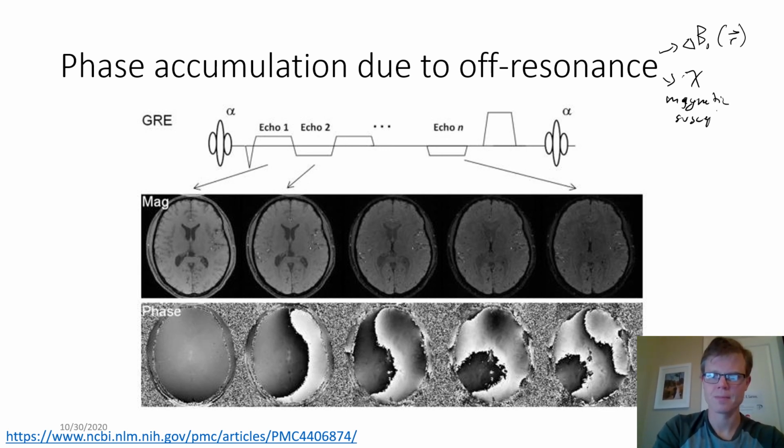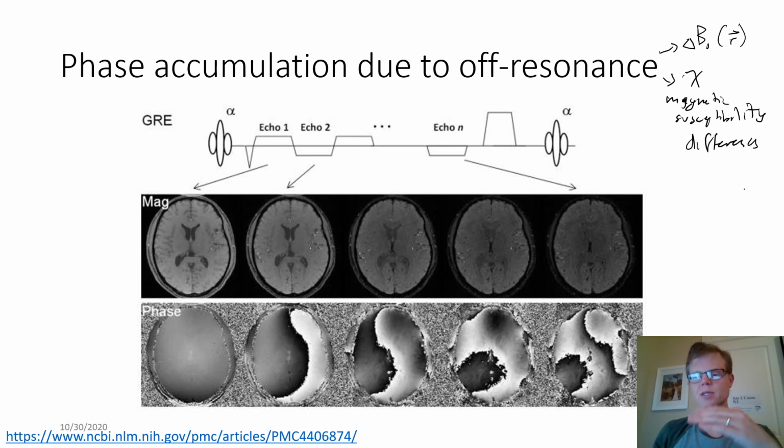And so what happens when you have these differences, particularly if you do gradient echo at long echo times, is that the spins begin to accumulate some phase. This is like the things that we discussed in spin echoes that spin echoes get rid of. But there's some cases where we actually really want to preserve this phase accumulation due to off resonance.